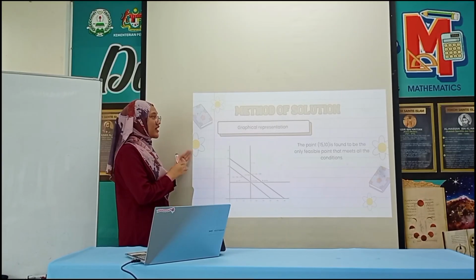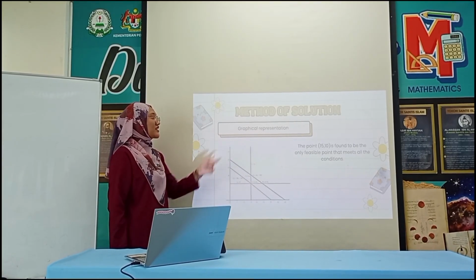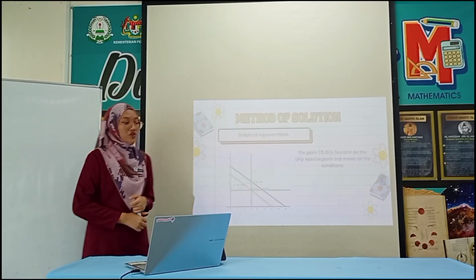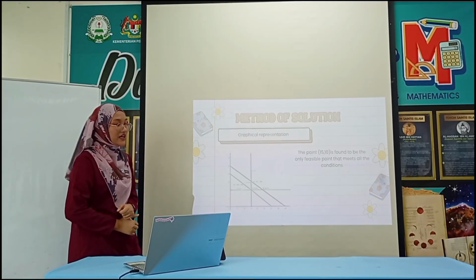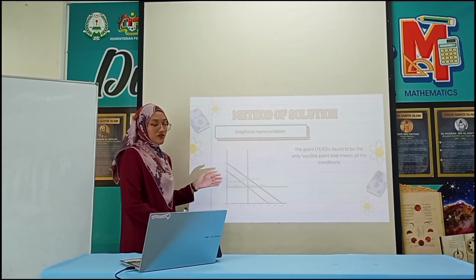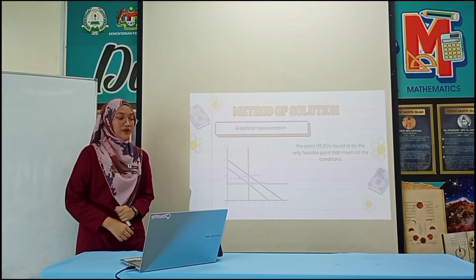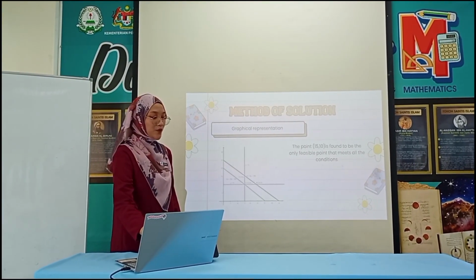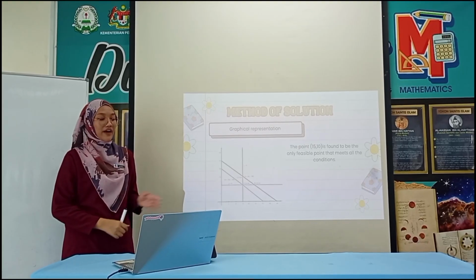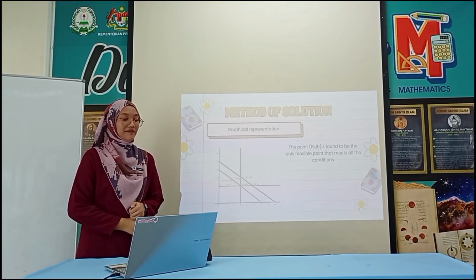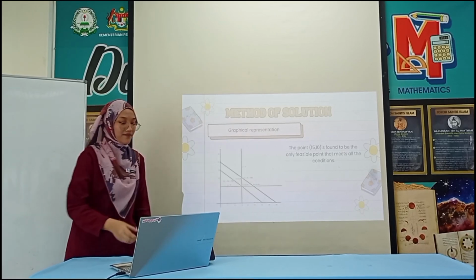Okay, from the calculation and graphical representation, we found that the optimal solution occurs when Aina prepares 15 bowls of laksa and 10 plates of nasi kerabu per day. So at this production level, all of Aina's constraints including capital, time and minimum demand are satisfied.